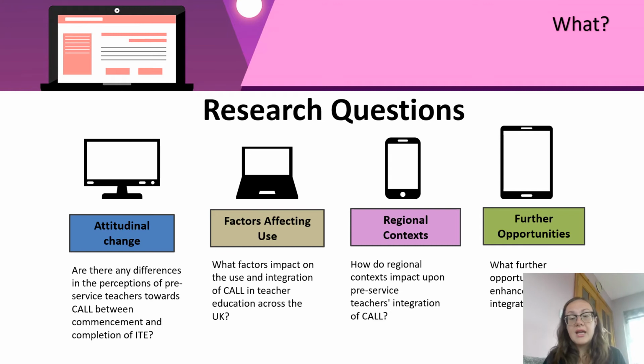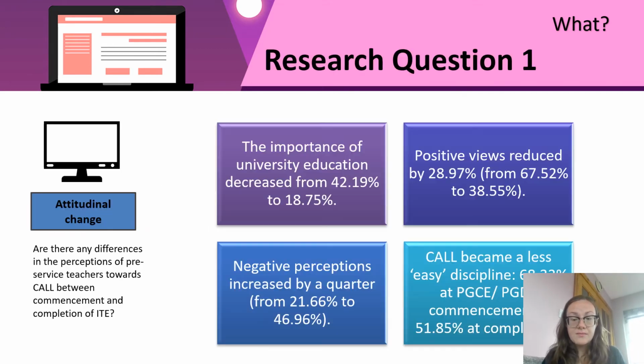So this study enabled an opportunity to understand whether there were specific local issues or regional considerations in CALL. And then finally, the fourth research question is concerned with further opportunities. Are there potential things that can help to advance CALL tuition in initial teacher education? And that is where the student teacher input was so vital to answering these 4 research questions.